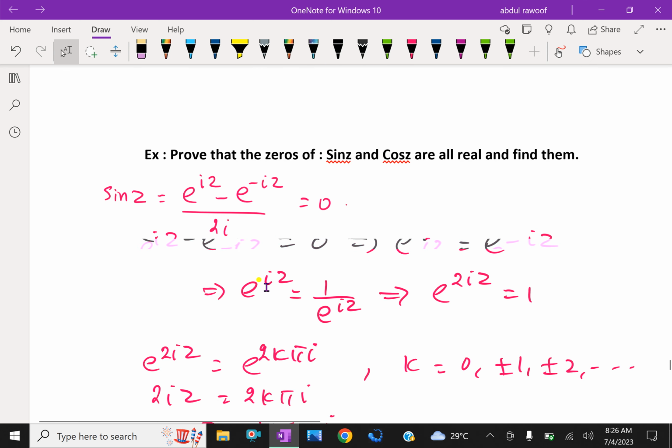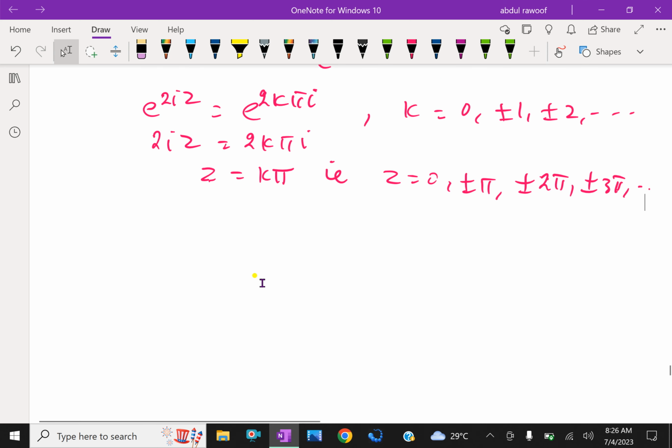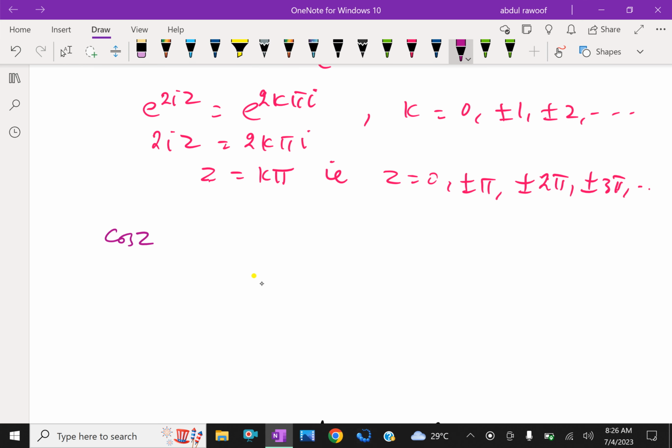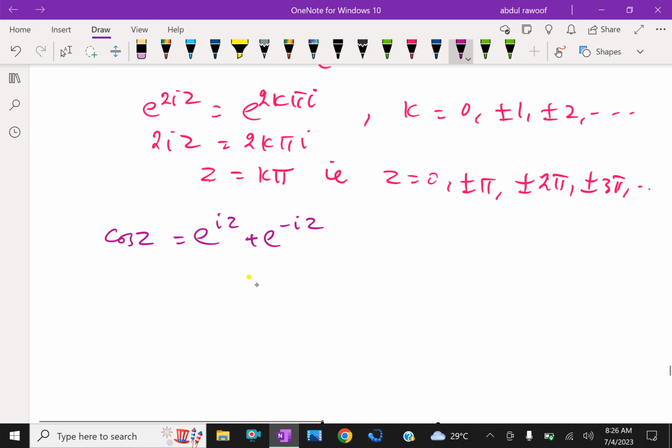Now, next, the same for cos z. cos z can be written as (e^(iz) plus e^(-iz)) over 2 equals 0.